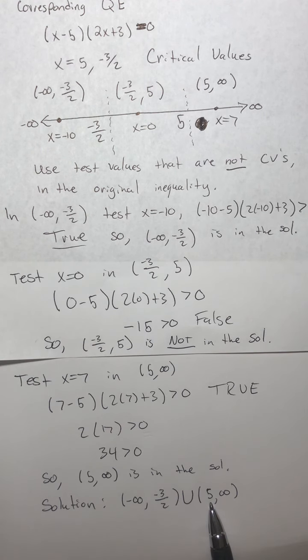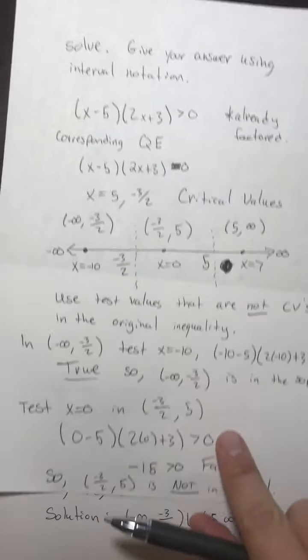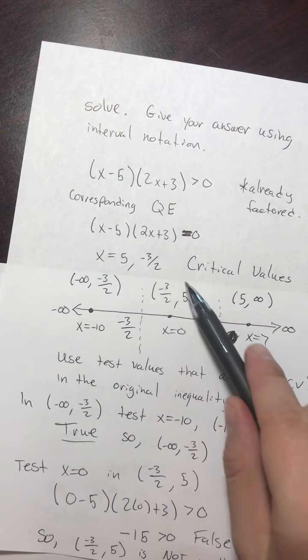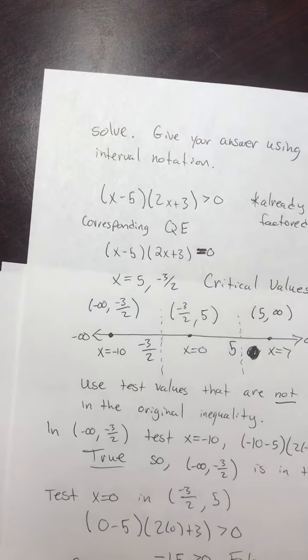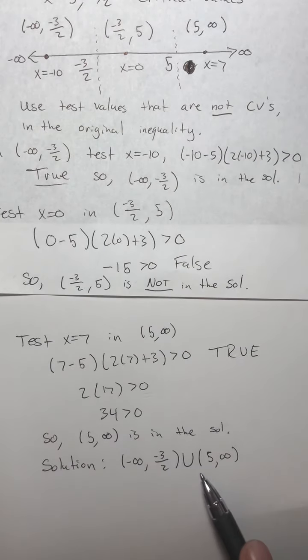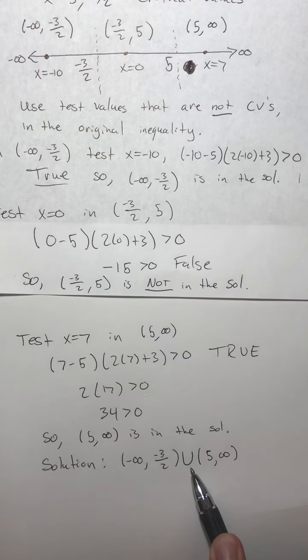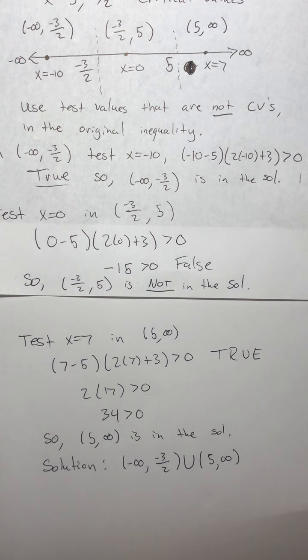So if we pick any value from 5 to infinity, substitute that into the original, we get a true statement. However, any value strictly between negative 3/2 and 5 will not give us a true statement, so we need to use set union to union those two different intervals together.